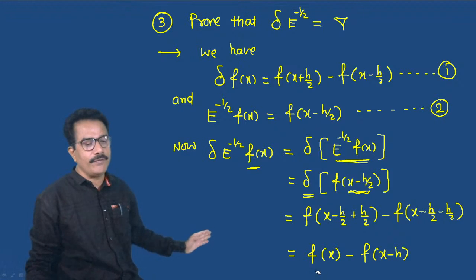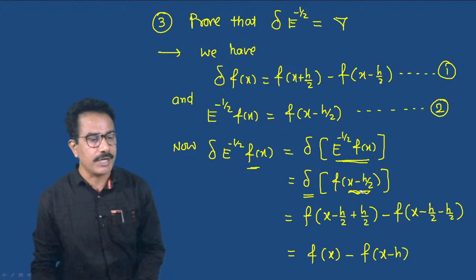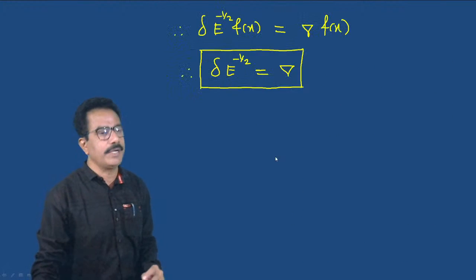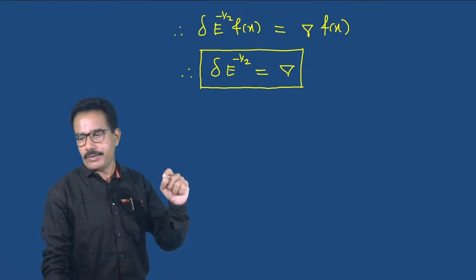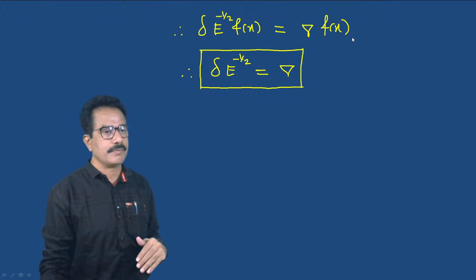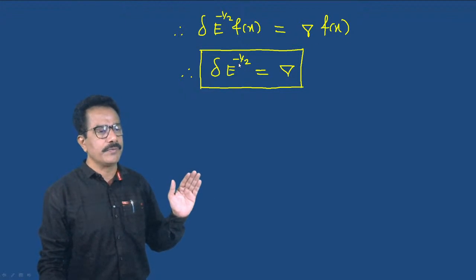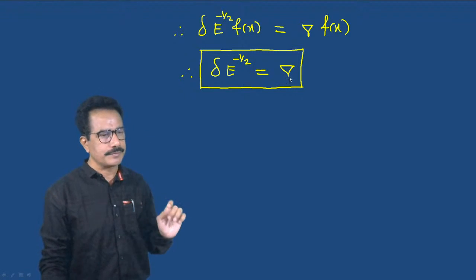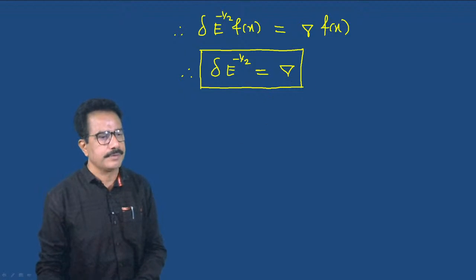So f of x minus f of x minus h, this is the definition of del f of x. So delta e raised to minus 1 by 2 f of x is equal to del f of x. So by comparing the operators, delta e raised to minus 1 by 2 is equal to del, and hence proved.